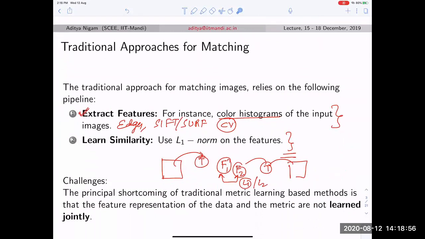Previously, in traditional machine learning approaches, they used edges, SURF, and many different types of handcrafted features to come up with a way to differentiate or find the similarity between two things.